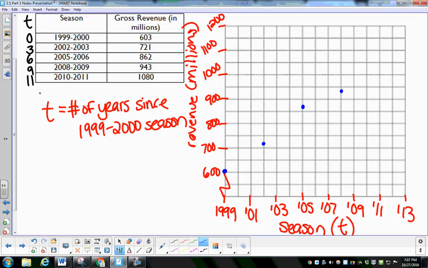So let's see, we are going to be at about right there, right? I feel like I did that one wrong. Yeah, I did do that wrong because it should be above 1050, which would be the midway point, so we're going to be about right there. All right, so if we look at our points, this is not a perfectly straight line.